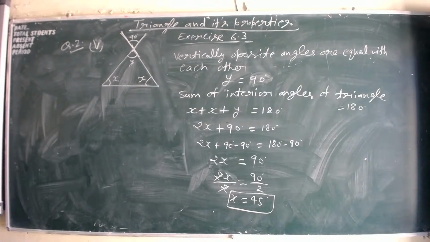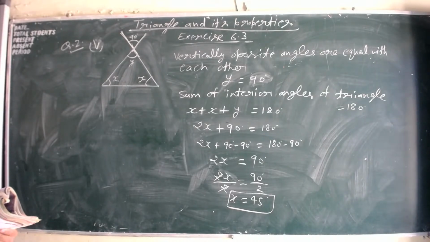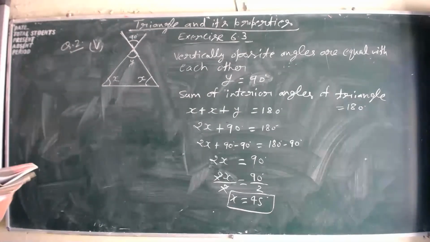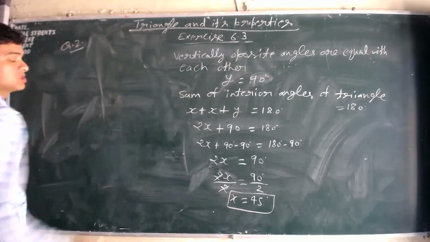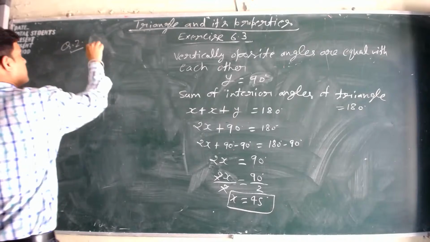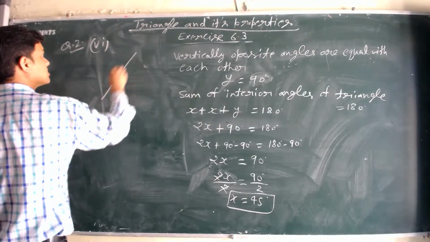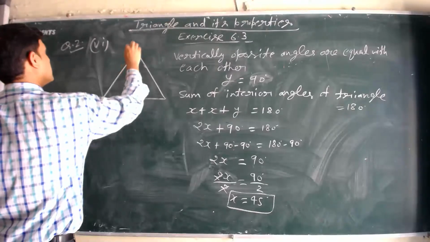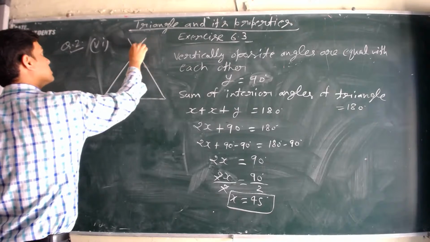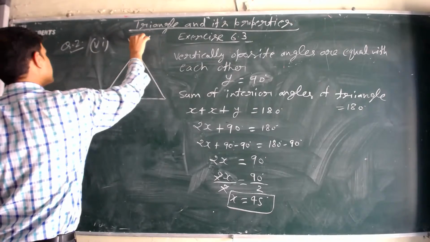Okay. Next one is the sixth part. That is a complicated problem in this question. In this figure, these two angles are equal, and this angle is equal to x.